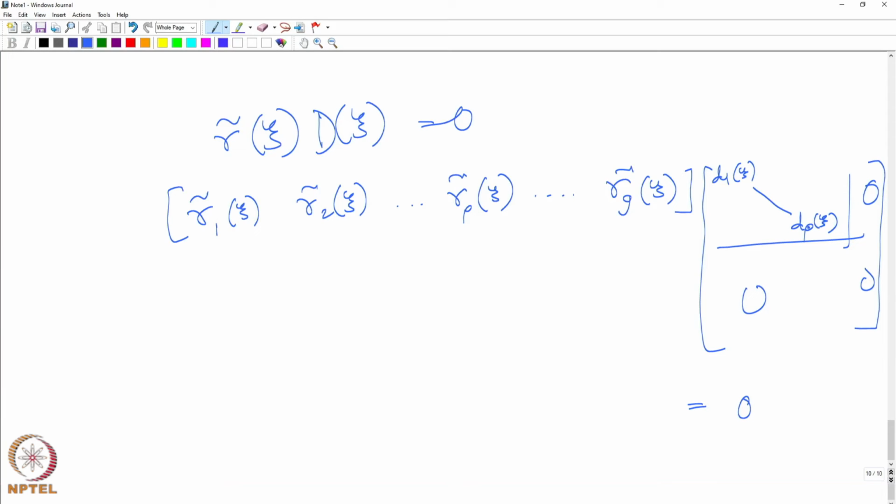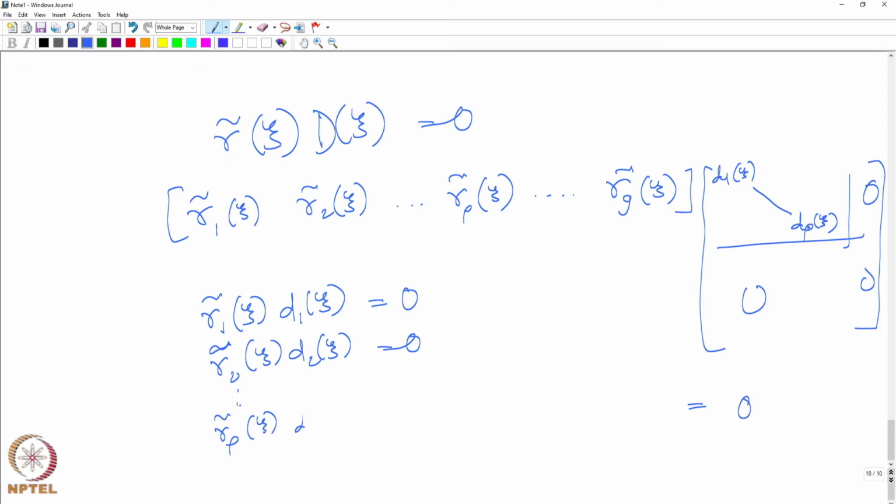If this product is equal to 0, what does that mean? This means R1 tilde(ξ)D1(ξ) must be equal to 0, R2 tilde(ξ)D2(ξ) must be equal to 0, up to R rho tilde(ξ)D rho(ξ) must be equal to 0, and for the remaining ones there is no restriction, these can be anything.